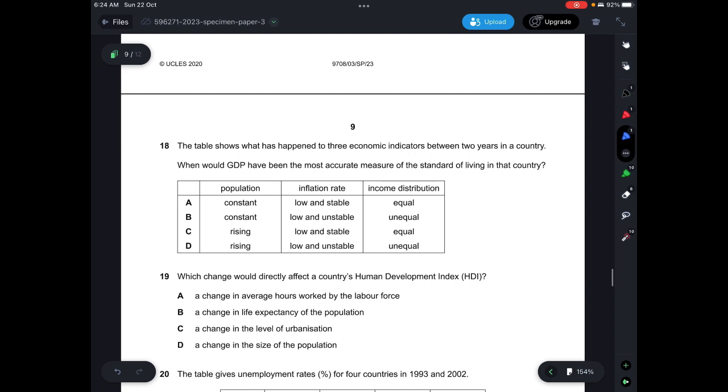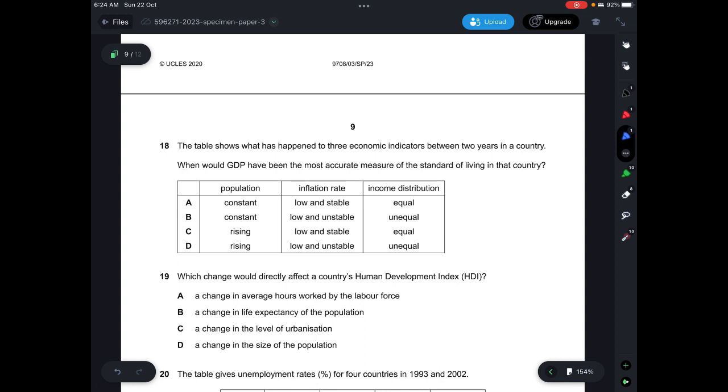Question 18, the table shows what happened to the three economic indicators between 2 years in the country, and when would GDP have been the most accurate measure of the standard of living in that country. Okay, so in order to have GDP being the most accurate measure for standard of living, your population must be constant, because a rising population would generally mean that the chances of you having a higher GDP would be much higher, because people will have to spend in order to survive.